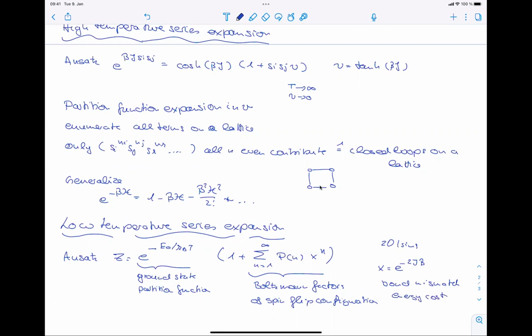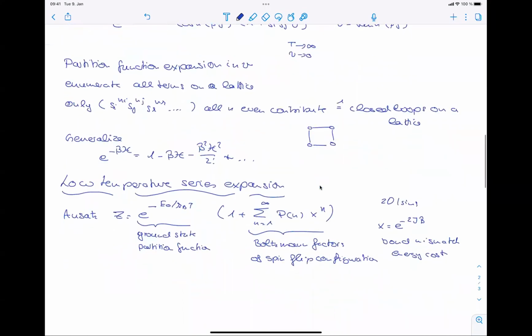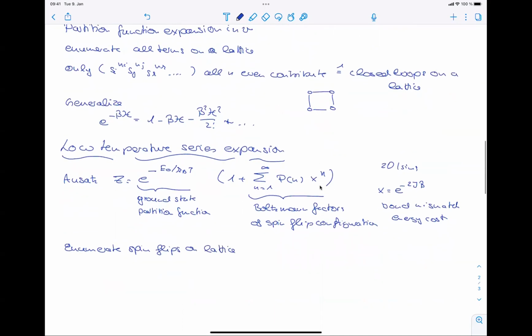And so now to enumerate these perturbations, we had to enumerate spin flips on a lattice. And here we have just to note that the number of spin flips is unequal to the order in x, right?